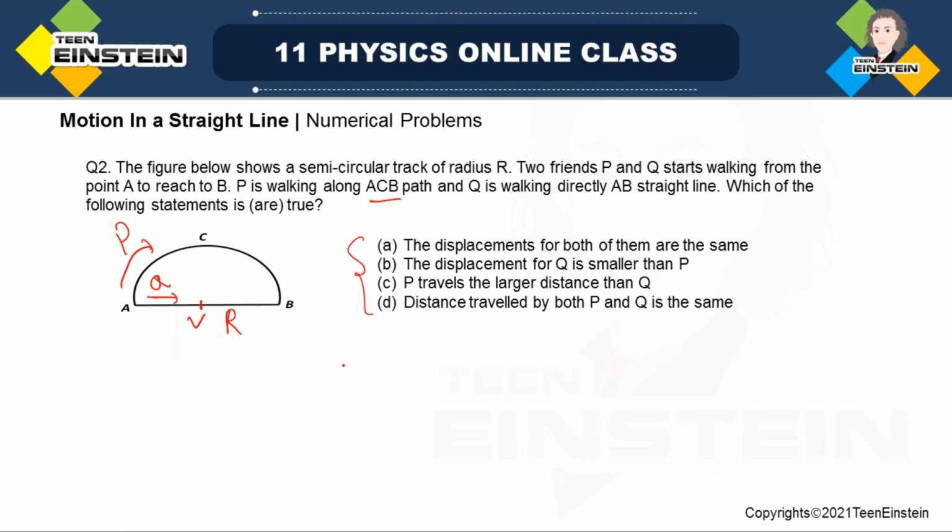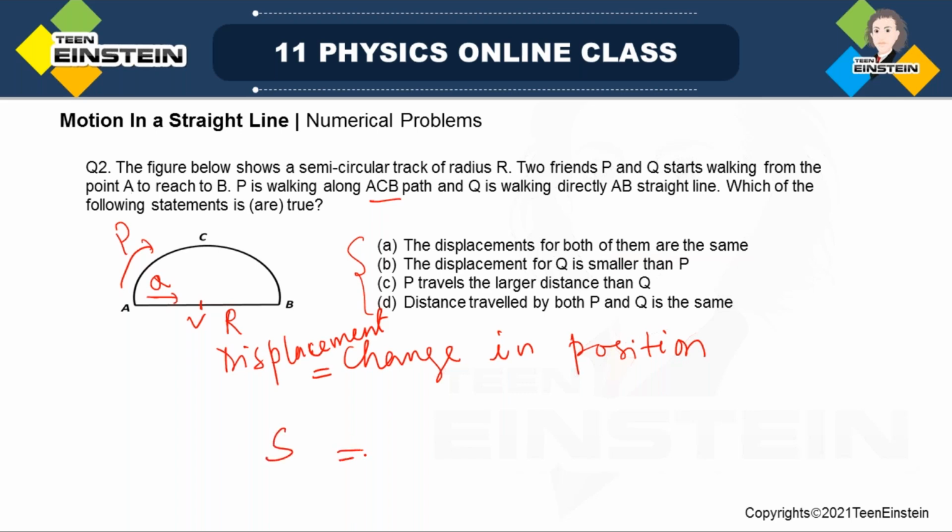You might have forgotten the definition of the displacement itself. See, displacement means the change in the position. Change in position. This is displacement. Okay. Displacement means change in position.